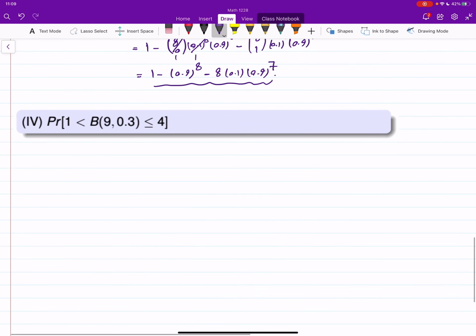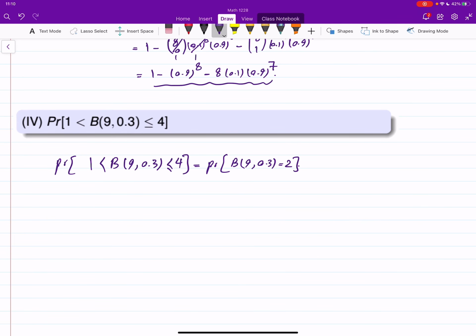How about this one? The probability of getting successes between more than one success and at most 4 successes. Well, this is the same thing as saying we are looking for 2 successes, or 3 successes, or 4 successes.